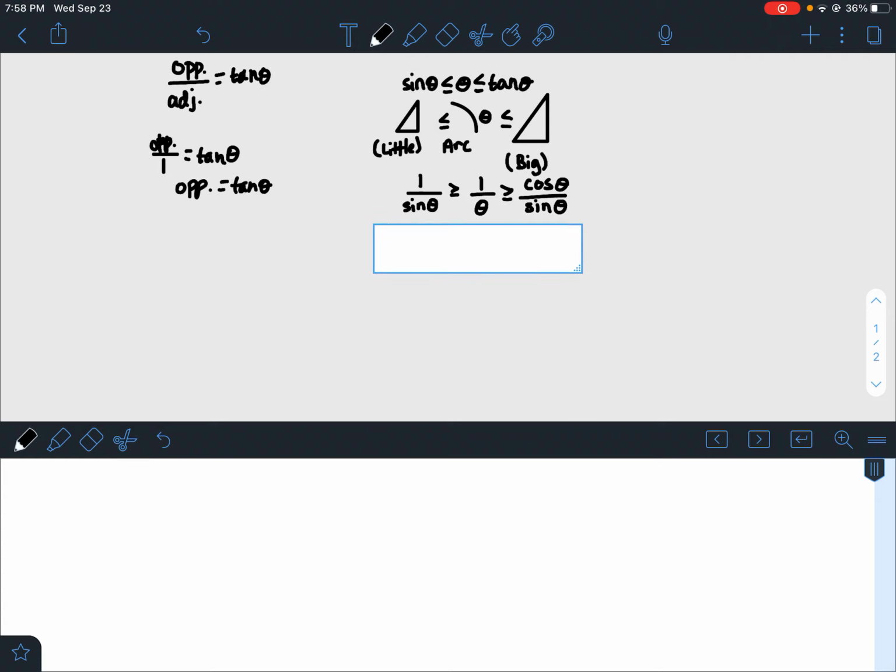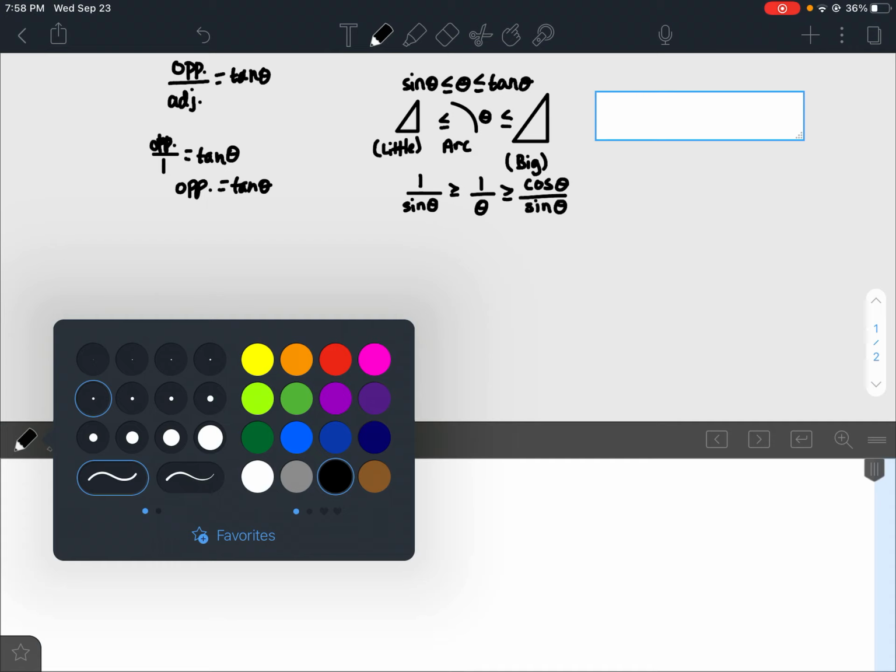And then after that, what you want to do to get to sine of theta over theta, because our goal is, let's put our goal.